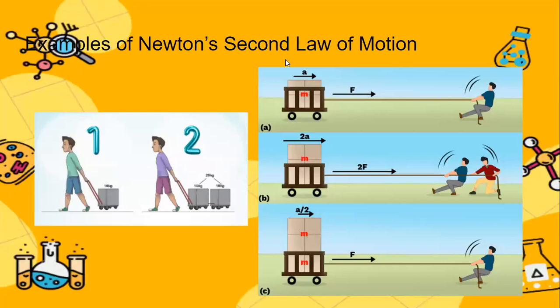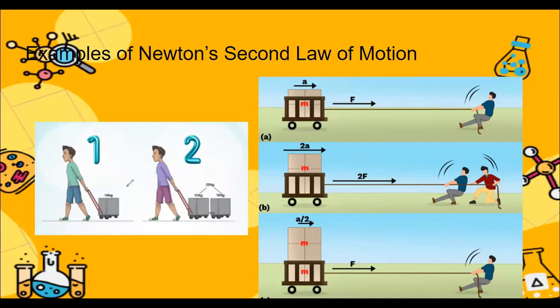So look at the illustration we have for Newton's law of motion. In the first one, you are pulling a 10 kilogram trolley, and in the second you are pulling two 10 kilogram trolleys, so a total of 20 kilograms.